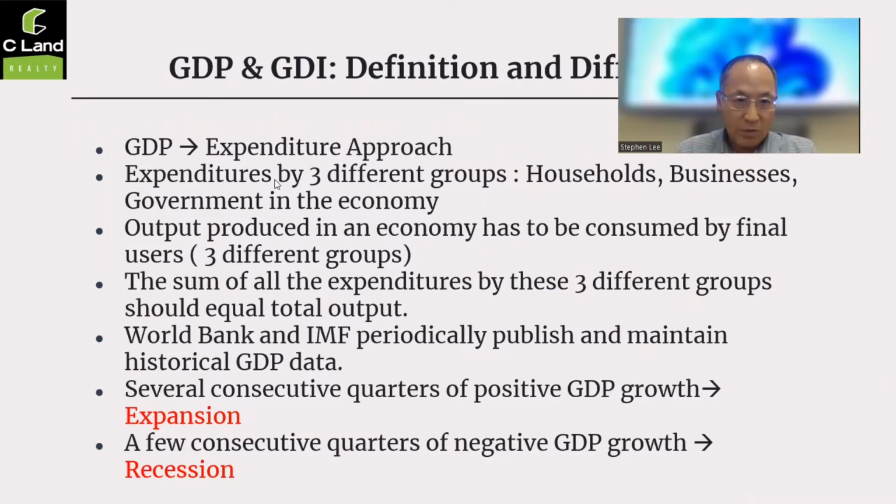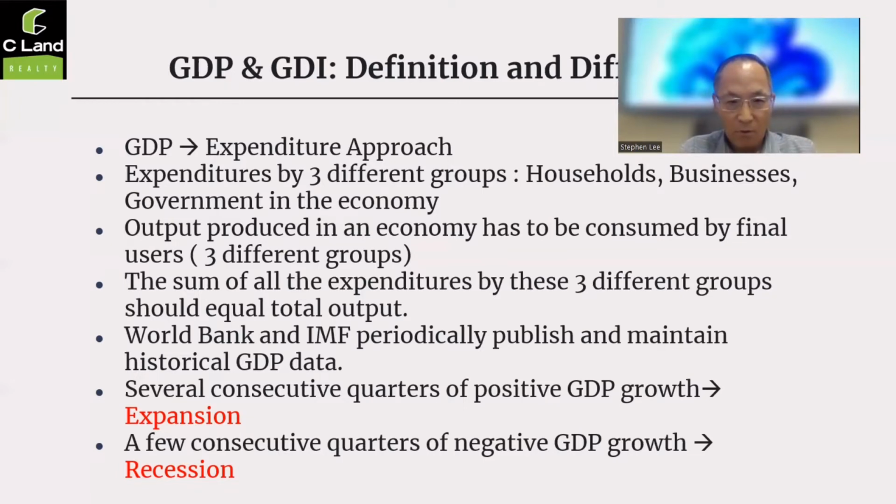And this expenditure is primarily coming from three different groups. First, household, and second, businesses, and third, government. And the output produced in an economy has to be consumed by final users. Mainly three different groups that we mentioned: households, businesses, and government.